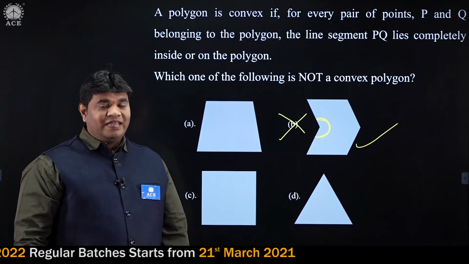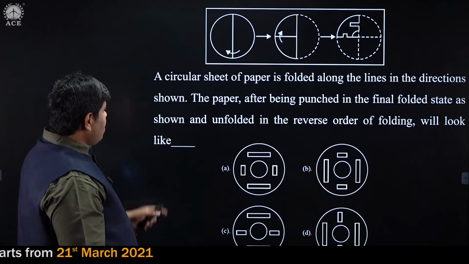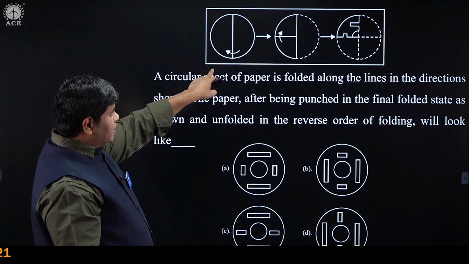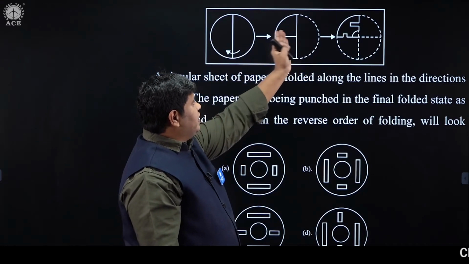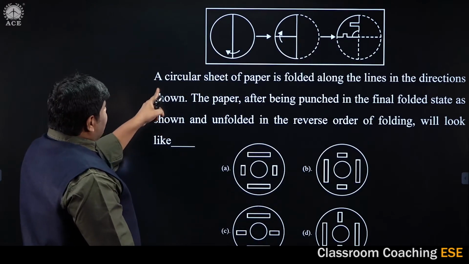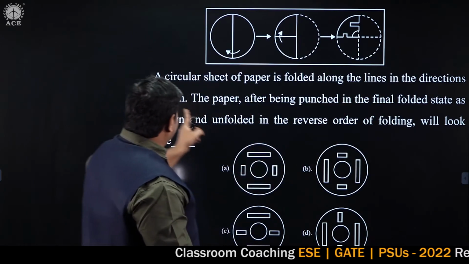Got it? Next, this problem. Observe the complete question. A circular sheet is first folded like this, and then again. A circular sheet of paper is folded along the lines in the directions shown.